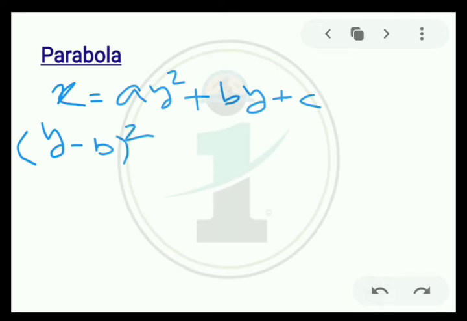I'm just writing it for some simplicity. So this is x minus a. So this is the expression for a parabola which is along the x-axis, maybe positive or negative.